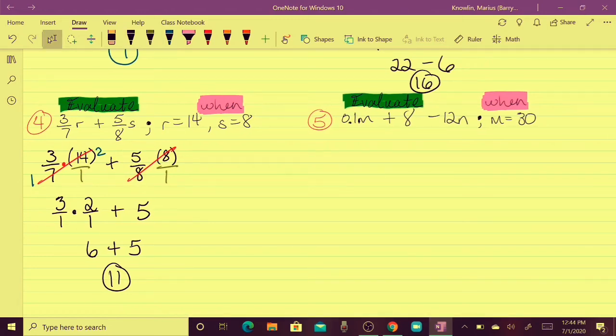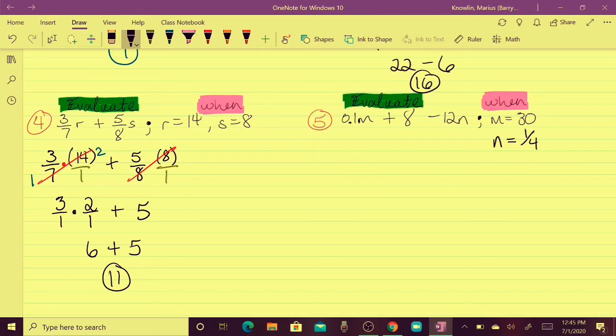Now, number 5. We read this as evaluate 0 and 1/10 times m plus 8 minus 12 times n when m is 30, and that should say when n is equal to 1/4. Sorry about that.